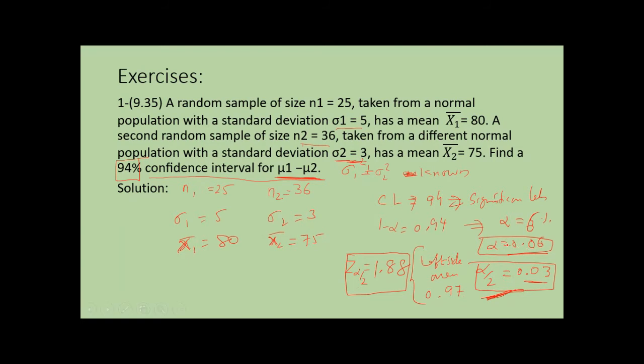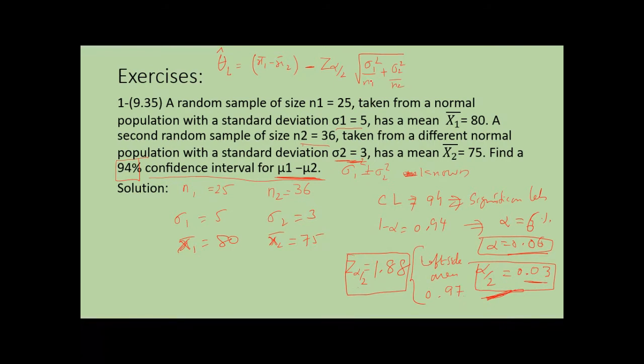We have all the information. What is the formula? Write down the formula. Upper limit and lower limit, isn't it? Lower limit, theta lower cap: x1 bar minus x2 bar, the values of the random variables, minus z alpha over 2 times the square root of sigma 1 square over n1 plus sigma 2 square over n2.